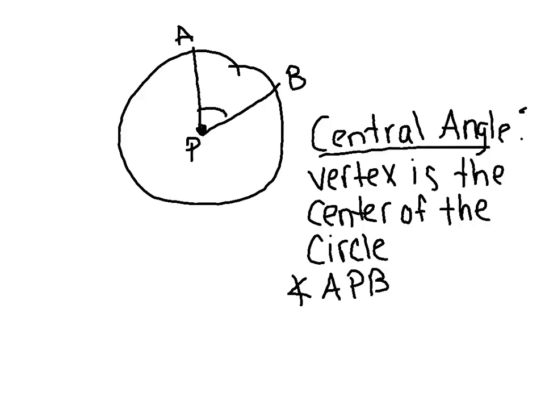The last thing we're going to talk about are intercepted arcs and inscribed angles. This is a little challenging, and I will definitely go over this in class when we get to it, but I just want you to have it in your notes. First off, I'm going to draw a circle. I'm going to do the circle with center D, and I'm going to make this A and this C, okay?